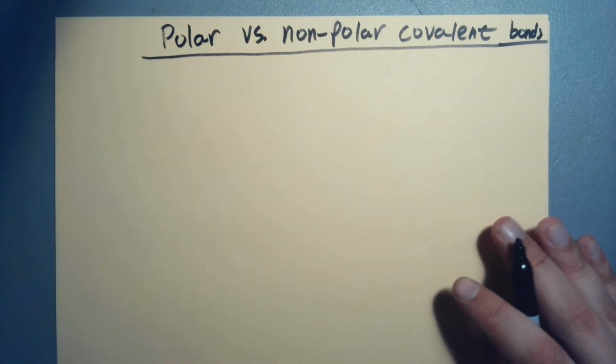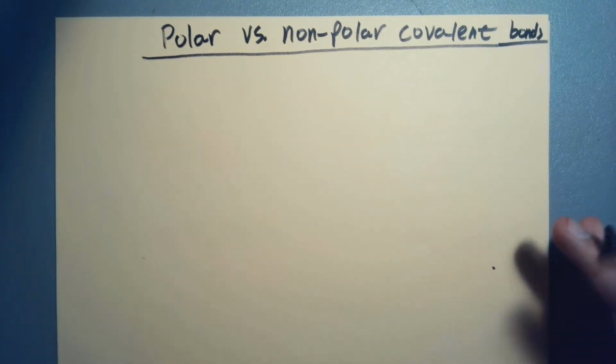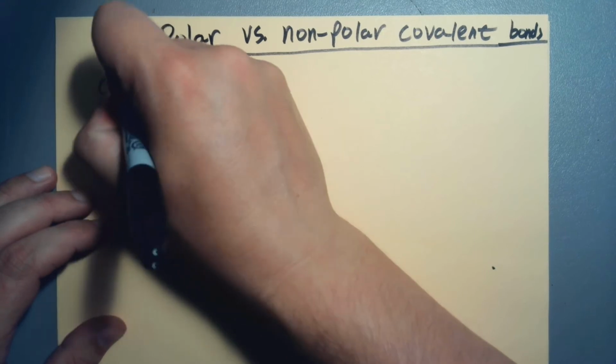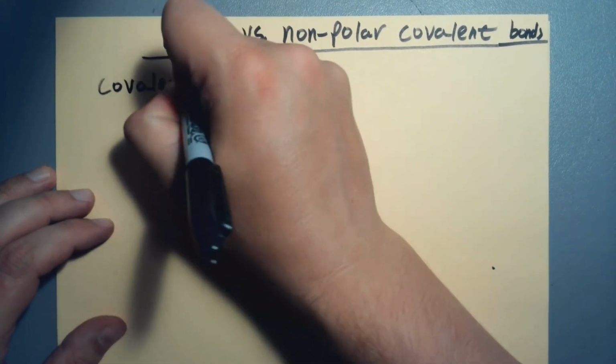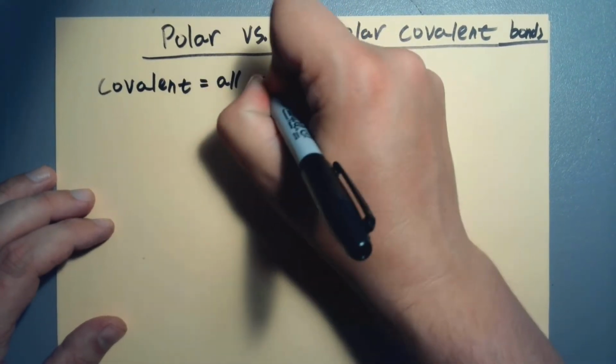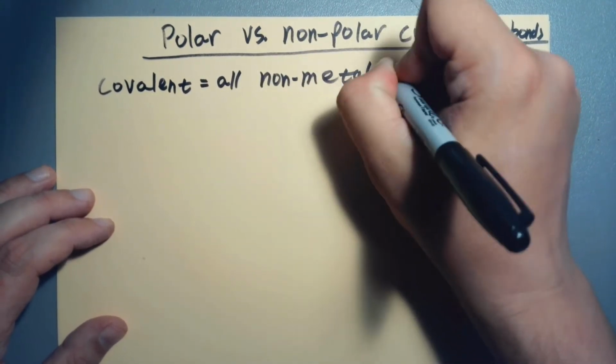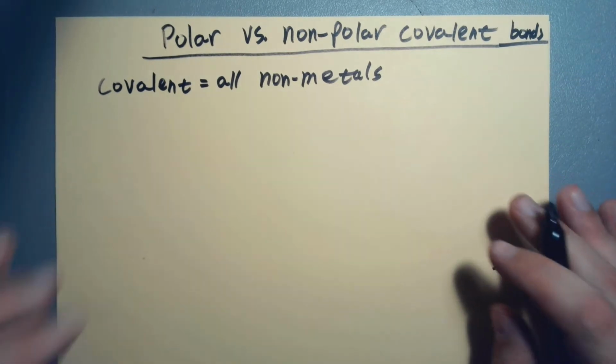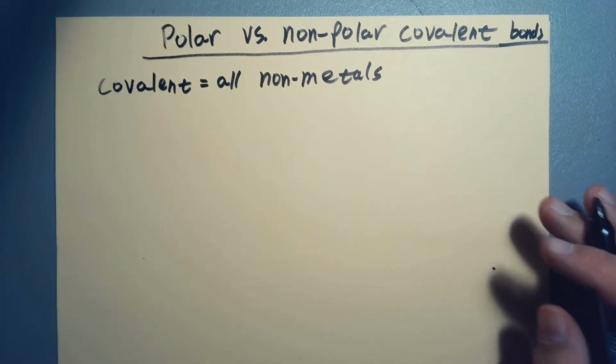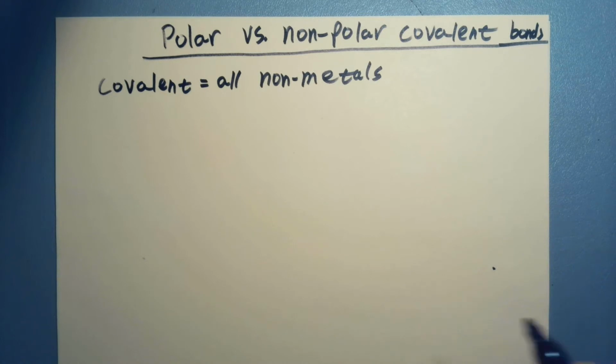So we have to have all nonmetals, so covalent, that definition hasn't changed. It's all nonmetals. They can't steal the electrons from each other. They're all too good. They're all masters of tug of war, but some are better than others.